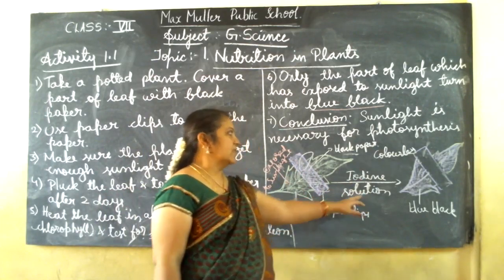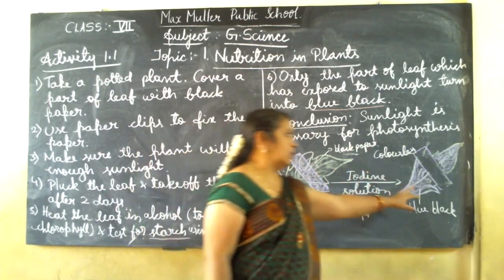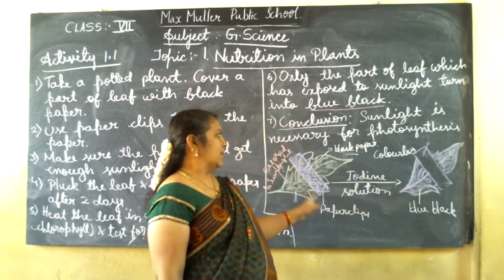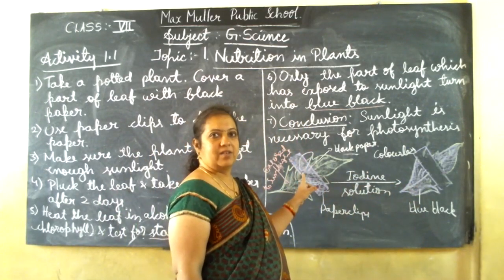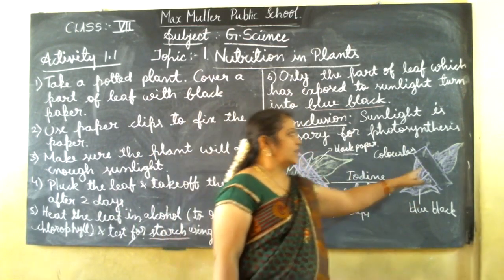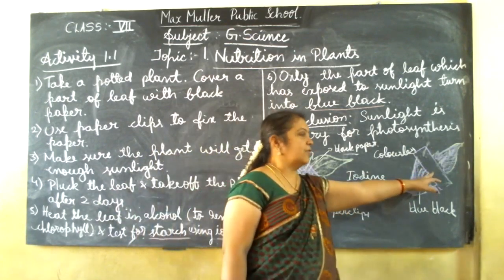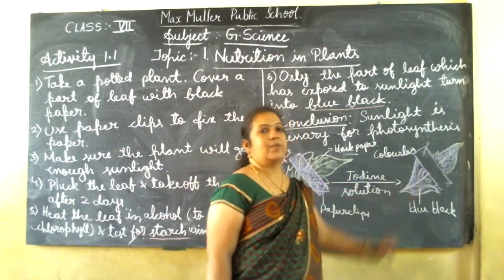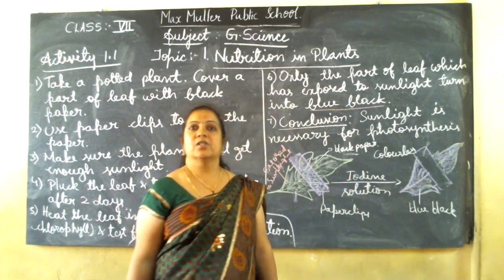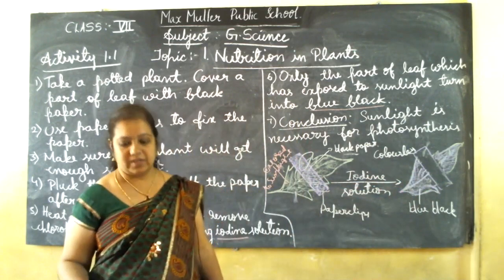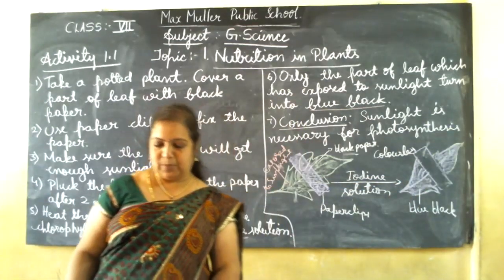When you add iodine solution, this green part turns into blue black color. Where the paper strip has been pasted, that part will remain colorless. This shows that in this part the food has not been prepared. Here it is prepared, so it is changing its color and showing the indication. Understood, children? So this is activity 1.1.